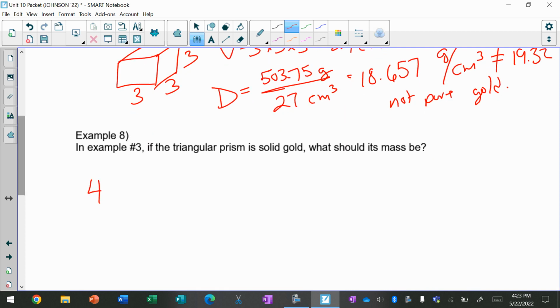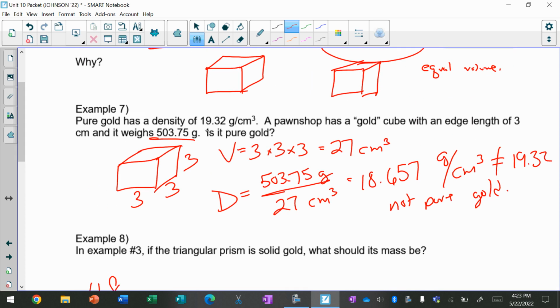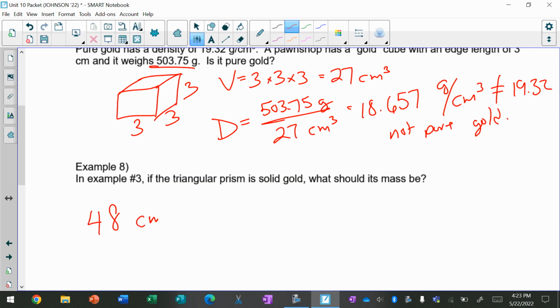Let's just pretend, because it has to be in grams per cubic centimeter, that it was 48 cubic centimeters. And let's say it is solid gold, so the density would have to be 19.32. If its volume is 48, what should its mass be?